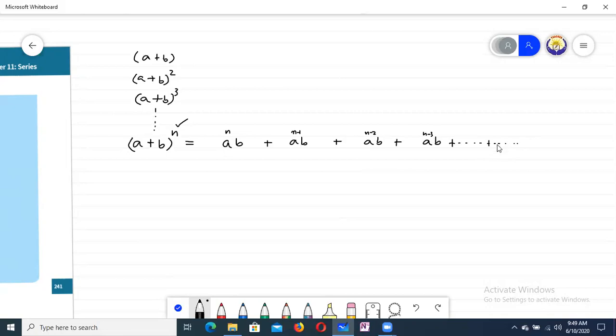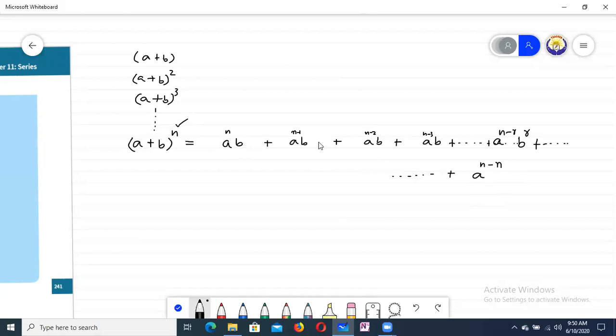In the same way, a raised to the power n minus r, this we will use for the middle term. Then b raised to the power r, I'm explaining how we will take this. Then so on. The last term we will get here n minus n. n minus n means 0. You know, at the end was a raised to the power 0.